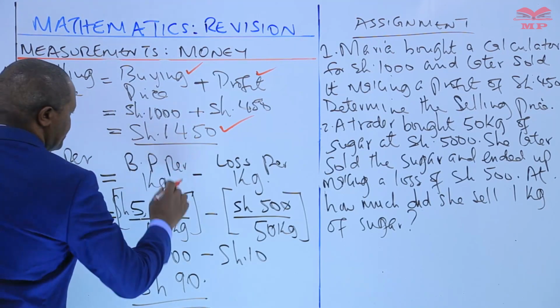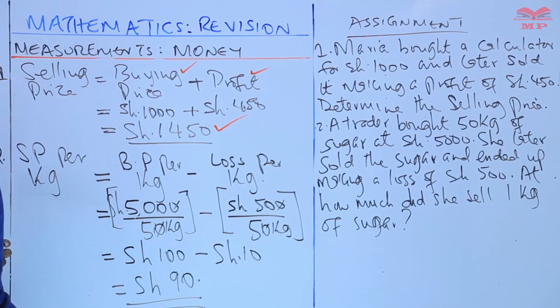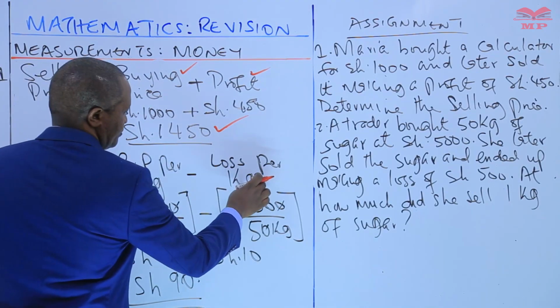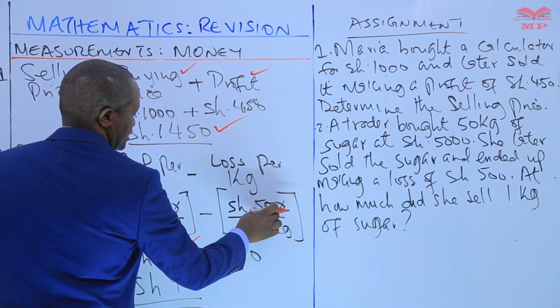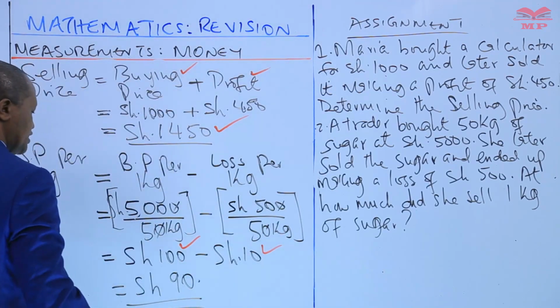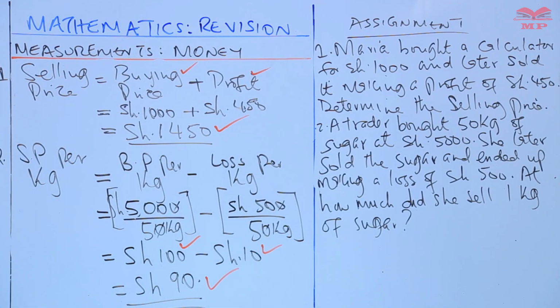So buying price per kilogram is equal to the 5,000 divided by 50, which is equal to 100 shillings. Then the loss per kilogram will be the total loss divided by the number of kilograms, which is equal to 10 shillings, giving us 90 shillings. So that is how to solve word problems.